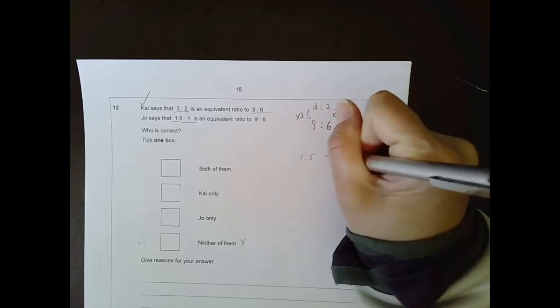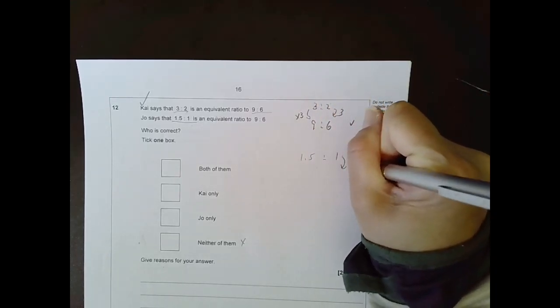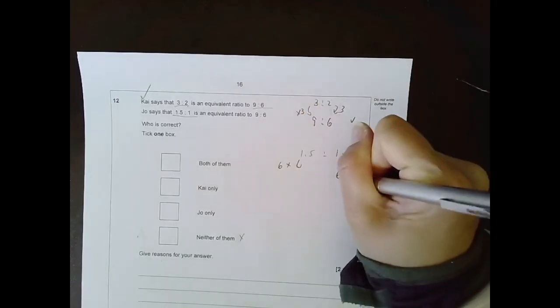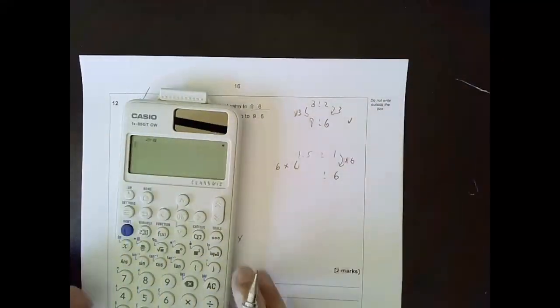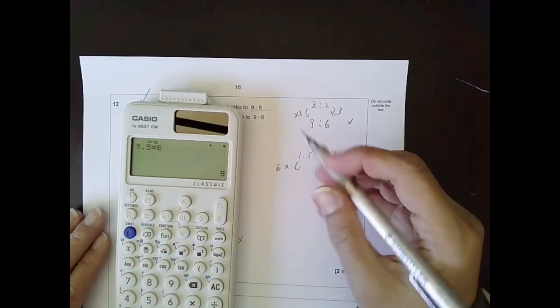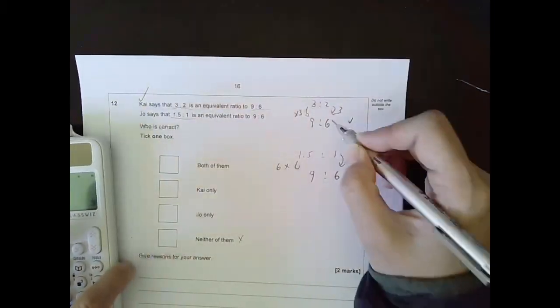All right, and we will have 1.5 to 1. So if I multiply this one by 6, the other one has to be multiplied by 6. So this is a decimal, so I'm not going to risk it. 1.5 times 6 gives us 9. So both of them give us 9, so they are both correct.